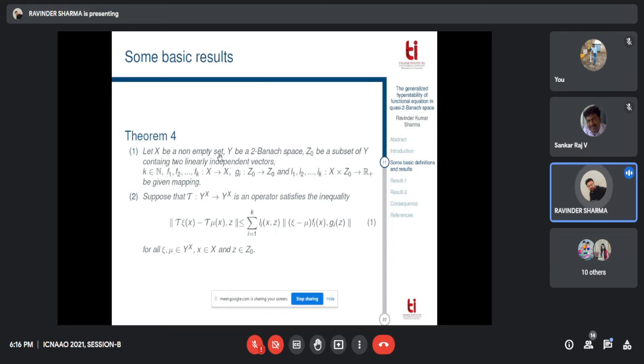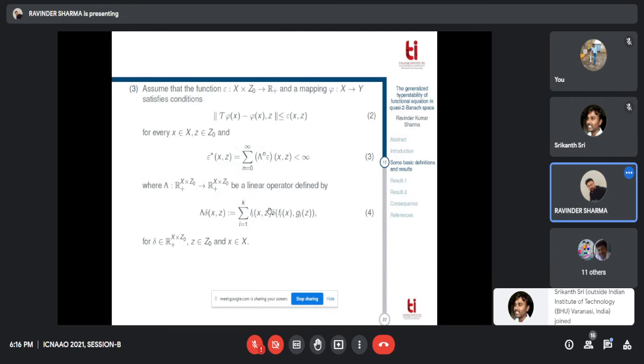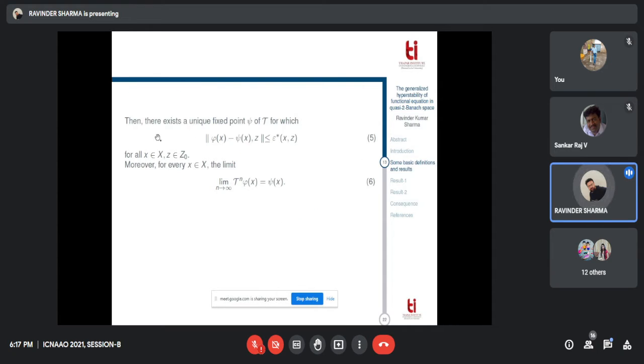Let X be a non-empty set, Y be a two-Banach space, and Z0 be the subset of Y containing two linearly independent vectors, and suppose a mapping, where Y to the power X means the set of all mappings from X into Y, is an operator satisfying inequality 1, and assume the functions epsilon and the mapping phi satisfy conditions 2, 3, 4. Then there exists a unique function psi for which the norm of phi x minus psi x is less than or equal to this.